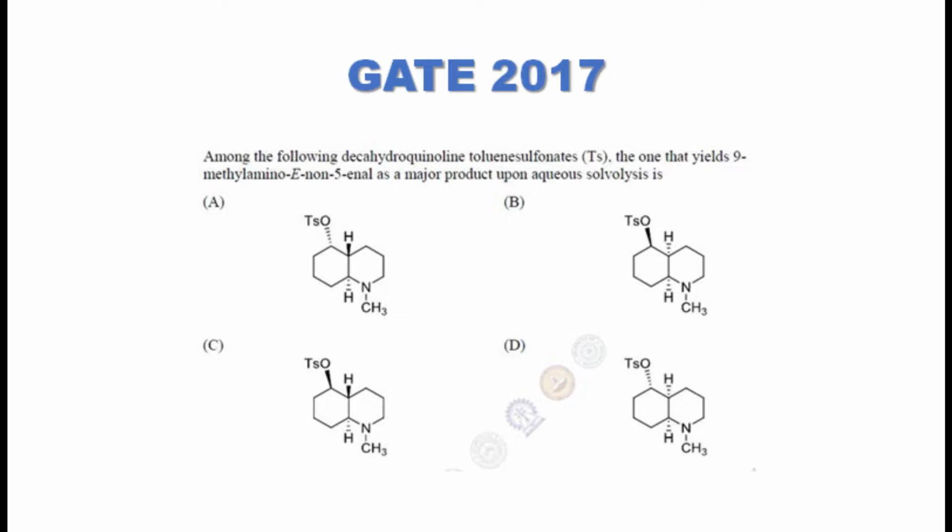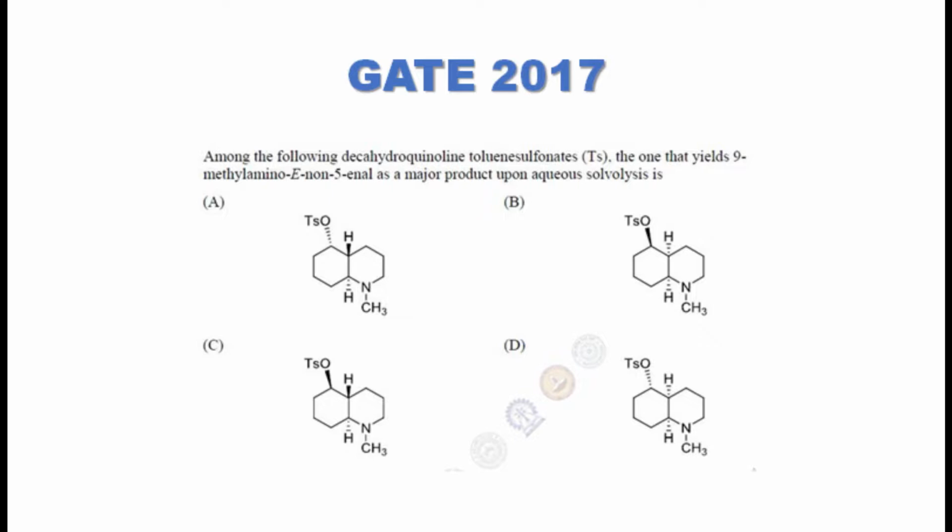One carbon is replaced with nitrogen, but this has to be a similar structure to decalin. So we have to maintain the stereochemistry of the junction. I am writing all the 4 stereochemistries. You can easily understand from which compound the desired product, 9-methylaminonon-5-enal, will form.